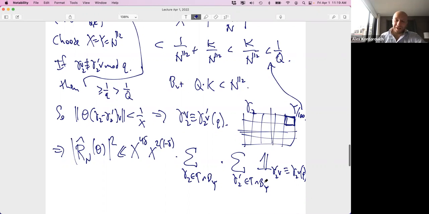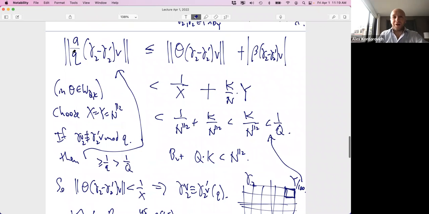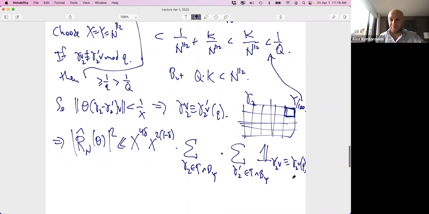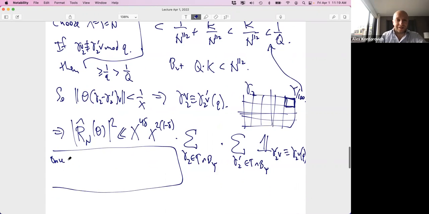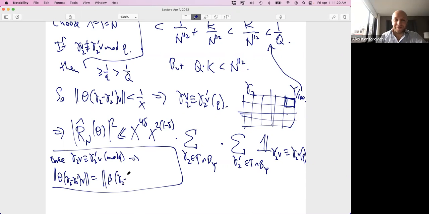Okay, but how do we capture this congruence? Oh, and one more thing. Once I know that they're congruent, that gamma 2v is congruent to gamma 2 prime v mod q, that tells me that the distance to the nearest integer of gamma 2 minus gamma 2 prime v is just beta times gamma 2 minus gamma 2 prime v.